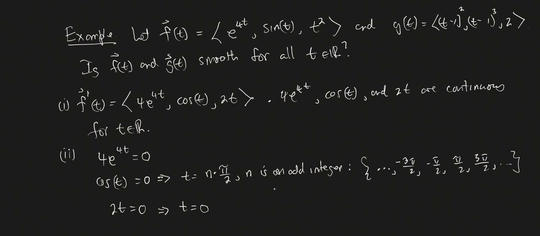First of all, even though both of these two components could be equal to 0, it's not the same value of t that makes them equal to 0. If I plug any of these values of t into 2t, I am not going to get 0. And similarly, if I plug 0 into my cosine function, it's not going to be 0. The cosine of 0 is 1. So the set of solutions for this equation does not intersect the set of solutions for this equation.